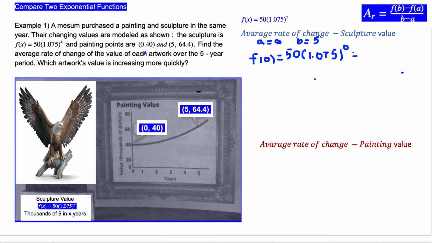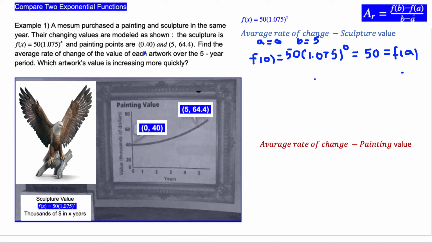And what are we going to get? This is easy to calculate because whatever is in exponent 0 is 1. 1 times 50 is equal to 50. So we don't need to use a calculator. 50, and let me write here, this is f of a. Because when I need to plug into the formula, I have no problem finding the f of a.